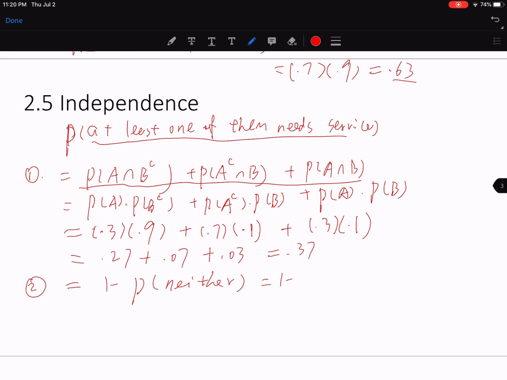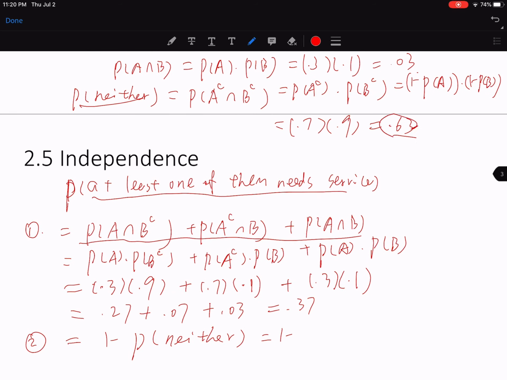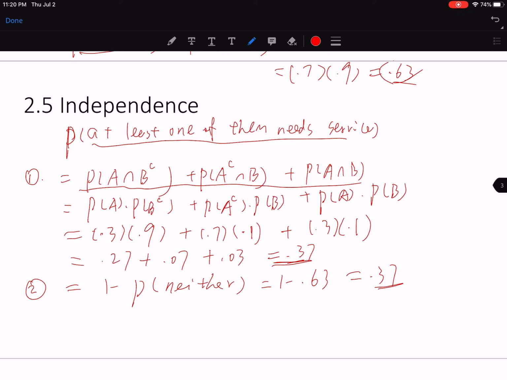What is the probability of neither? 0.63. So 1 minus 0.63 is 0.37, which is exactly the same thing as what we got in the first way. Those two ways are equivalent, and you will get exactly the same answer if you do it correctly.